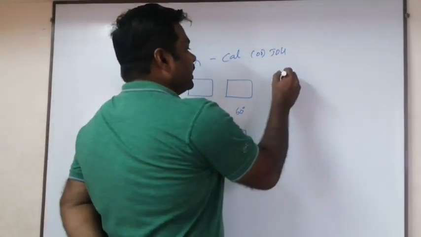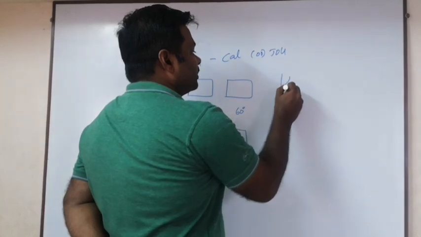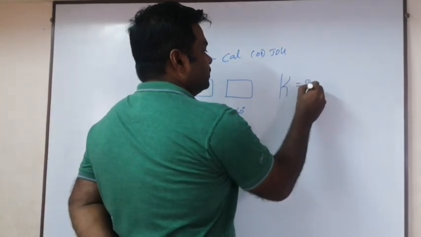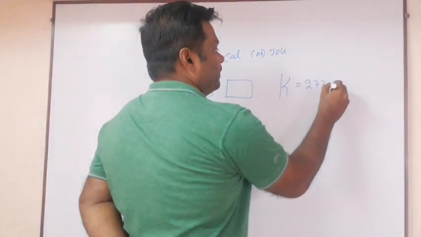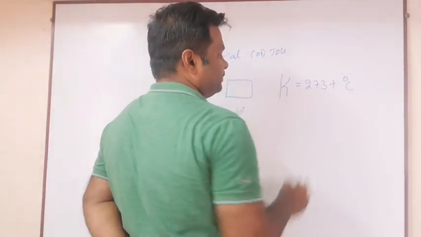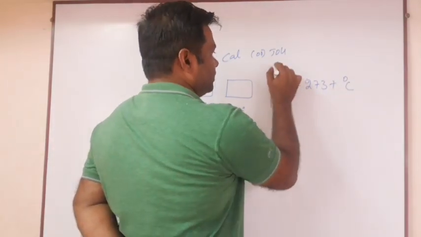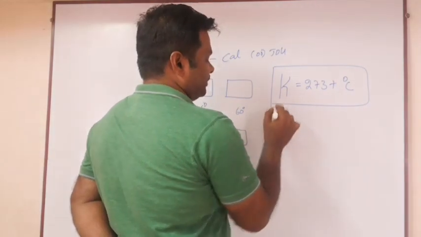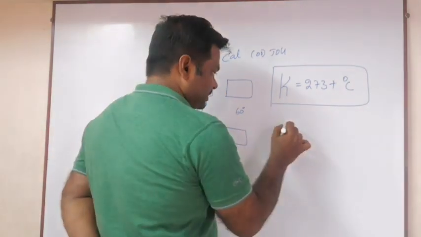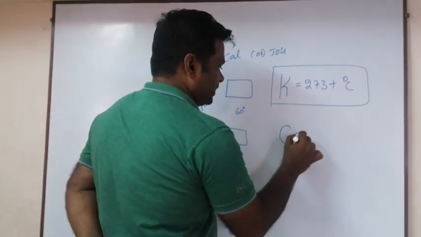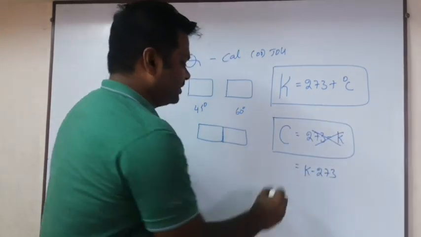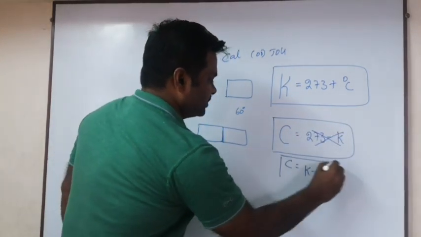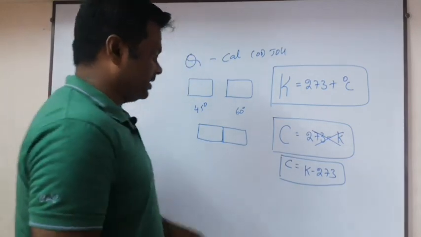Here, Kelvin scale is equal to 273 plus degree centigrade. So this is the relation between the Kelvin scale and the centigrade scale. And the centigrade scale can be written like this: centigrade scale is equal to K minus 273. C is equal to K minus 273.